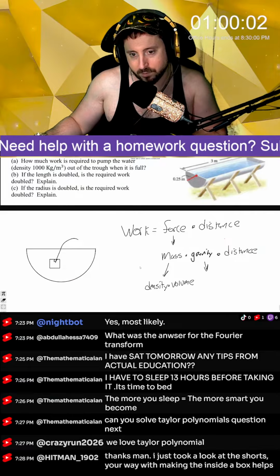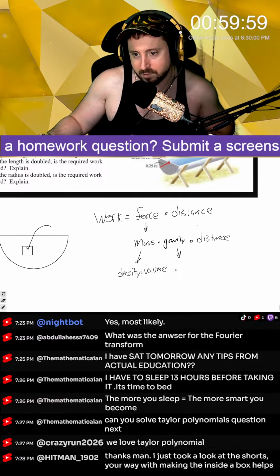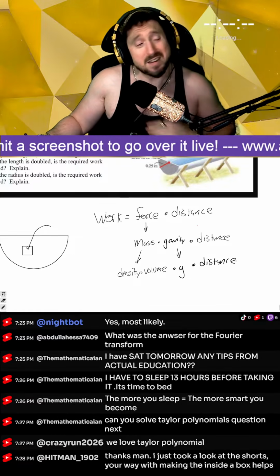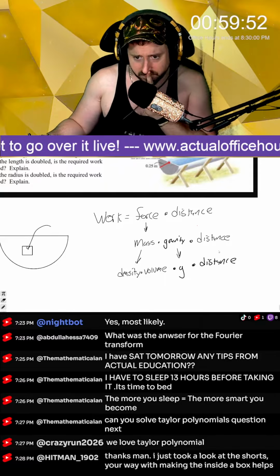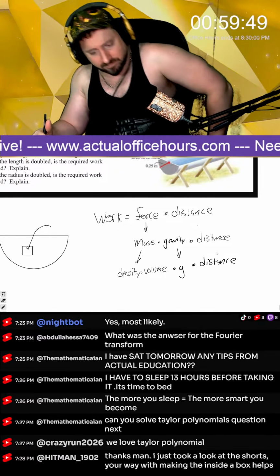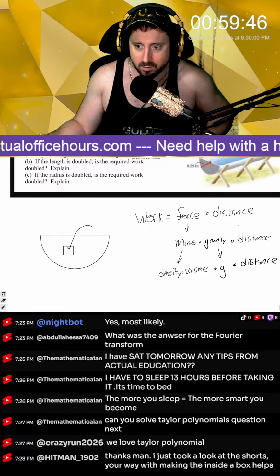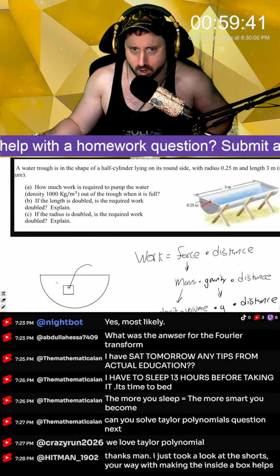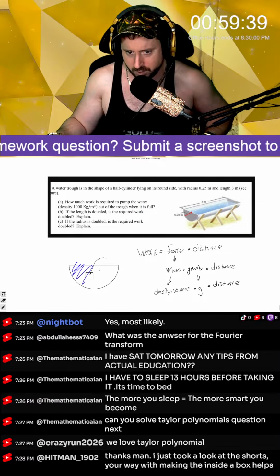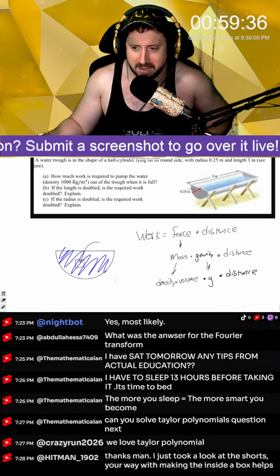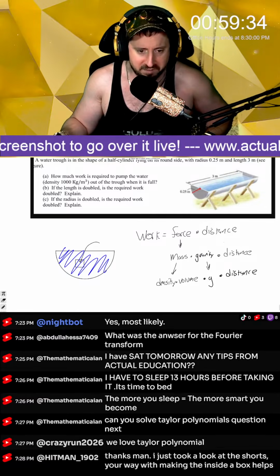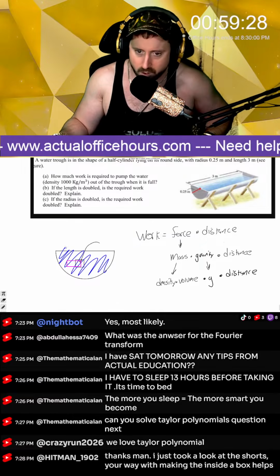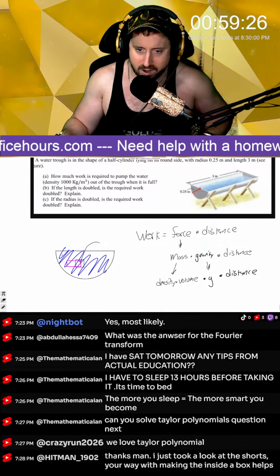All right. So we know that so far. We're good. So density times volume times g, and then times distance. Great. Now, here's the thing. Within this trough, which has a bunch of water in it, the distance I have to pull a section of the water changes based on where I am in the container.